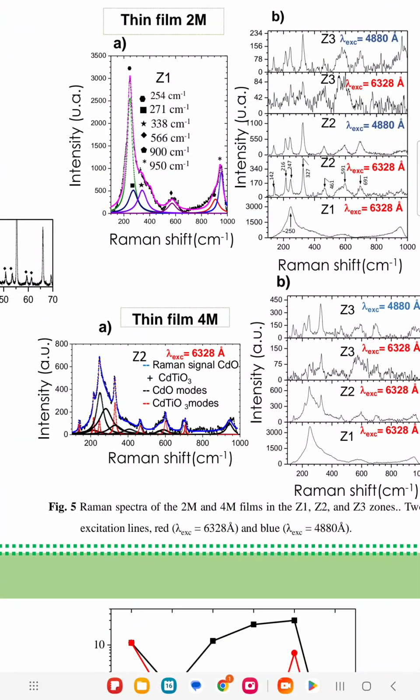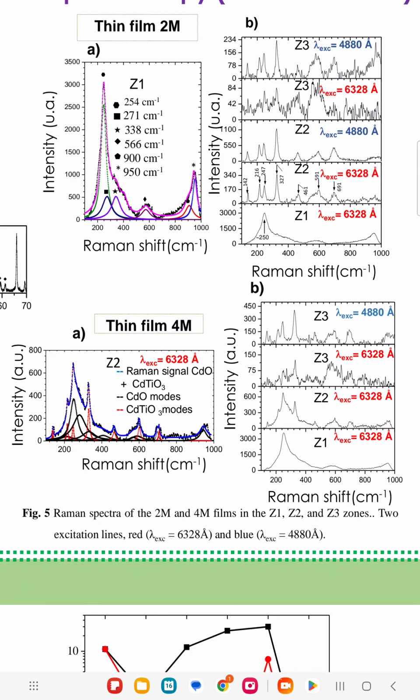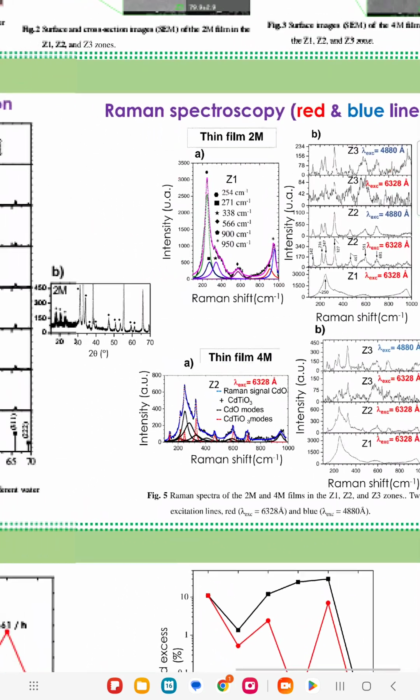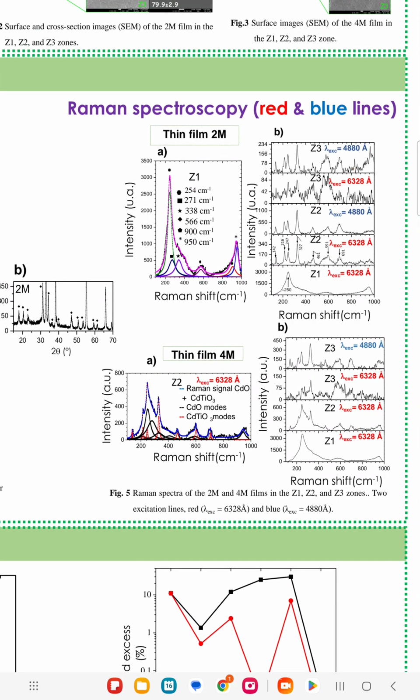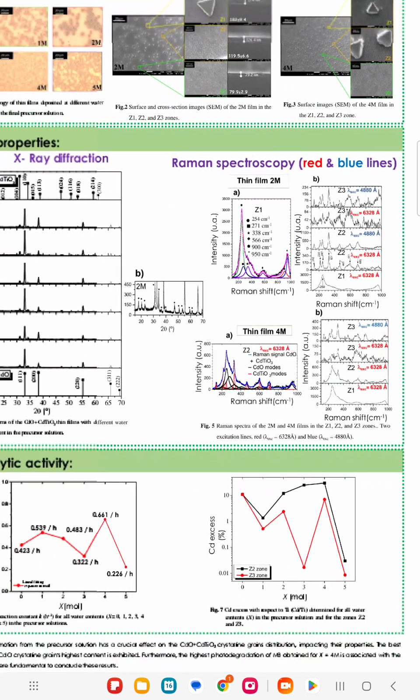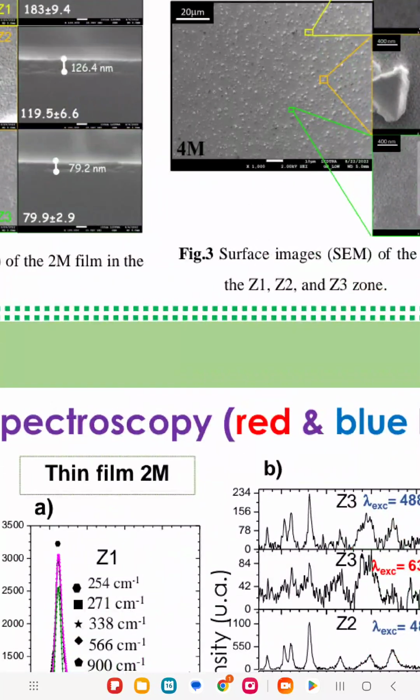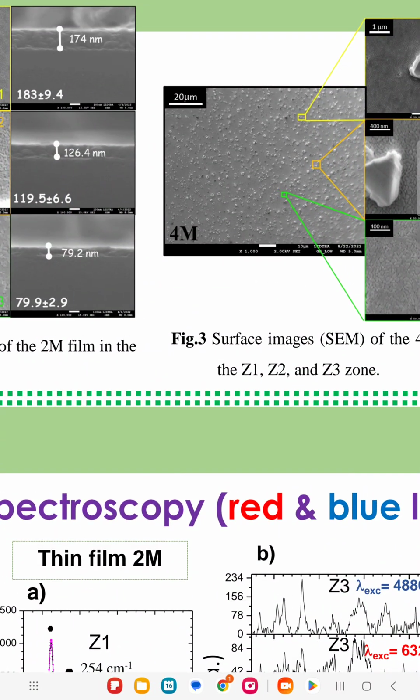One explanation for the difference between the Z2 zone of the 4M film and the other films is that in this Z2 zone for the 4M film, we can see cadmium oxide and cadmium titanate because we have a more homogeneous distribution of these cadmium oxide grains.